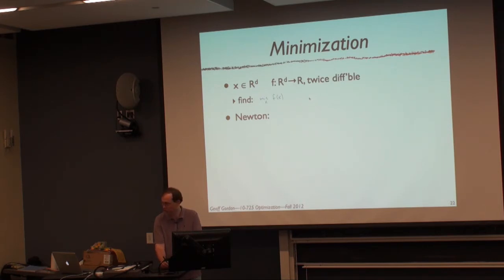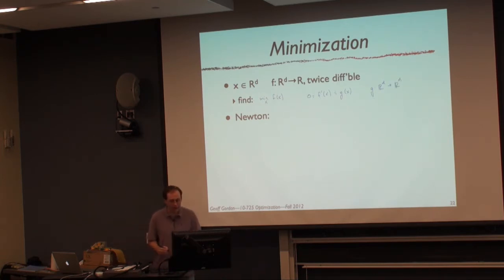So in order to find the minimum, we're going to set its derivative to 0, right? So we say 0 is equal to f prime of x. And to save me writing primes, I'll just define f prime equal to g of x, g for gradient. Okay? And now g is going to be a function from R^d to R^d, right?